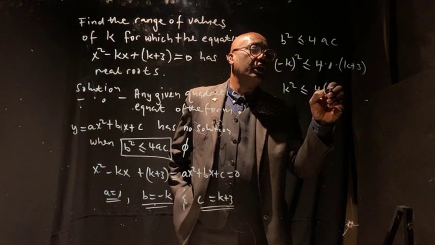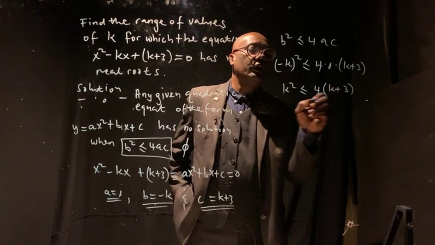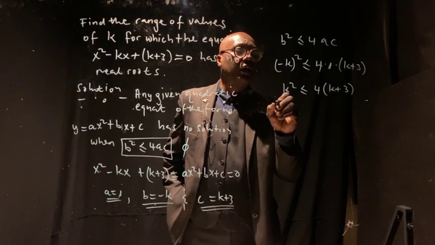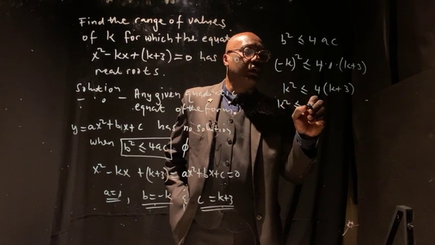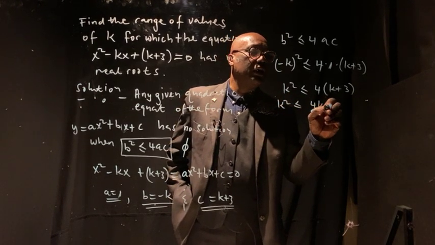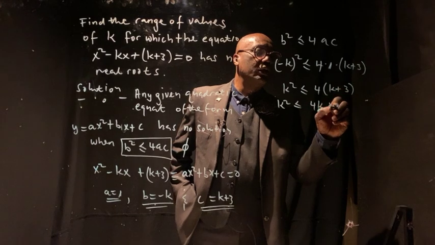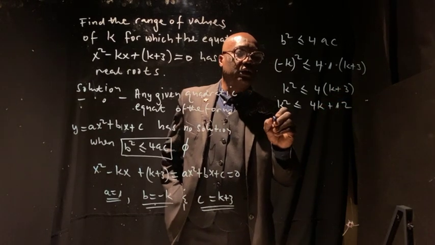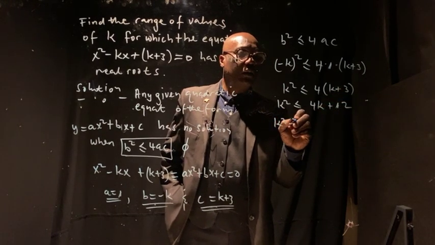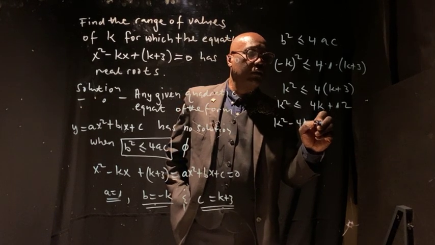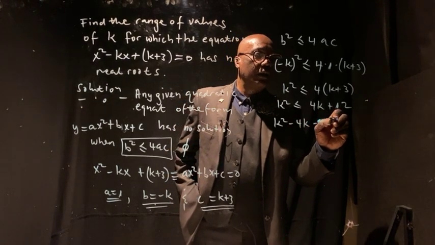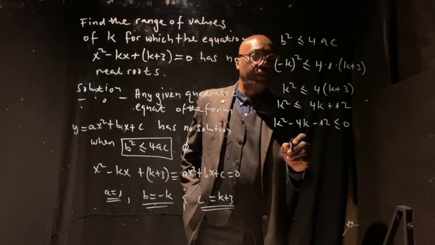Then k plus 3, which is no different from k squared is less or equal to 4k plus 4 times 3 is 12, which is k squared minus 4k minus 12 is less or equal to 0.